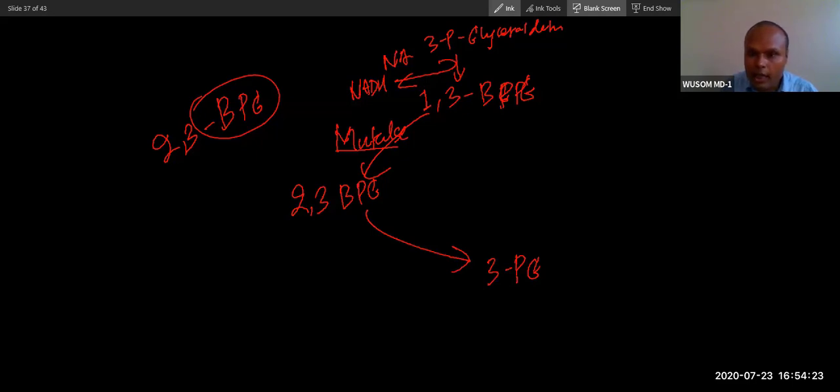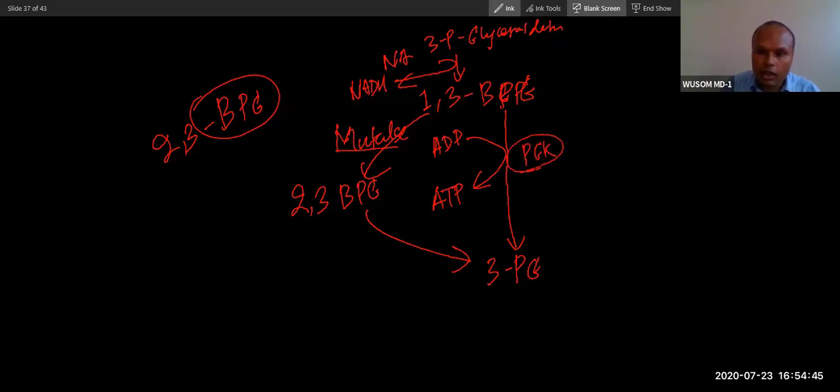Thereby you will see that it will lose a chance to form 1 ATP, because this is the phosphoglycerate kinase, PGK, step where ATP synthesis will happen.